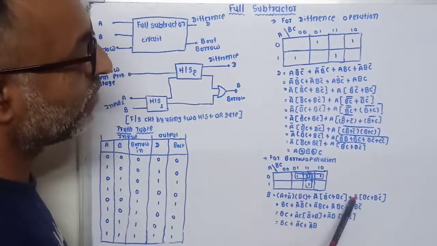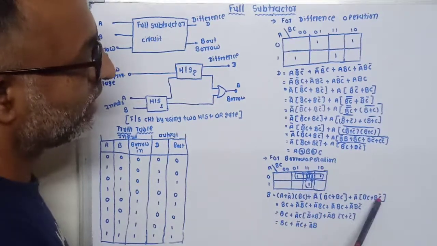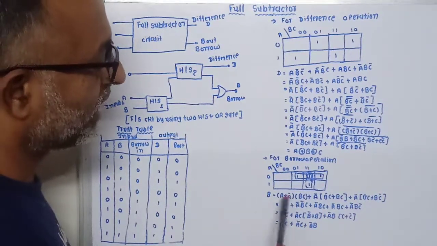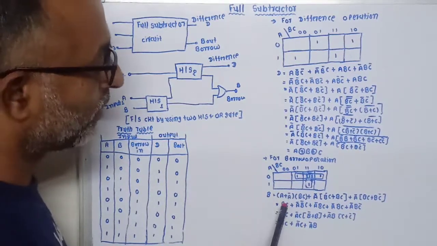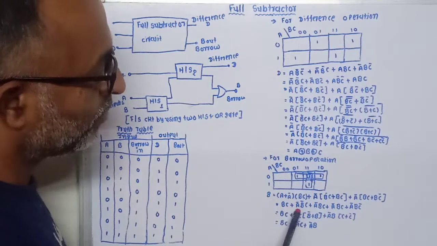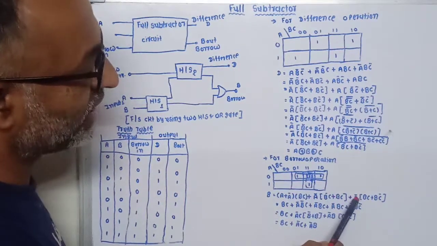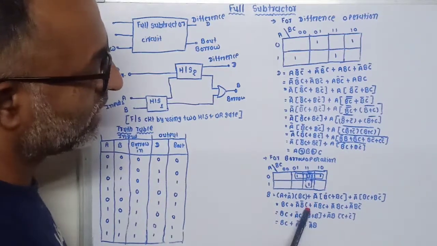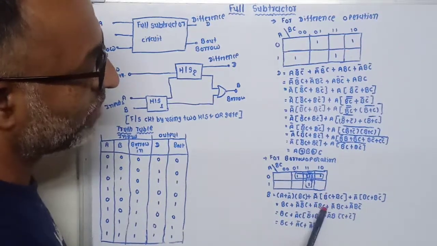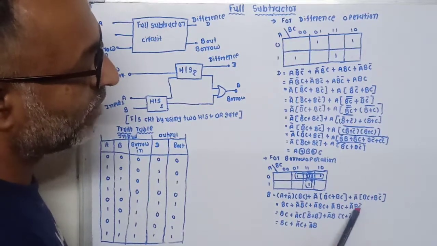Now for this group, A bar BC plus BC bar. Now A plus A bar is equal to 1. So here our BC plus, now multiply this A bar with this equation and this A bar with this equation. So we will get A bar B bar C plus A bar BC plus A bar BC plus A bar BC bar.